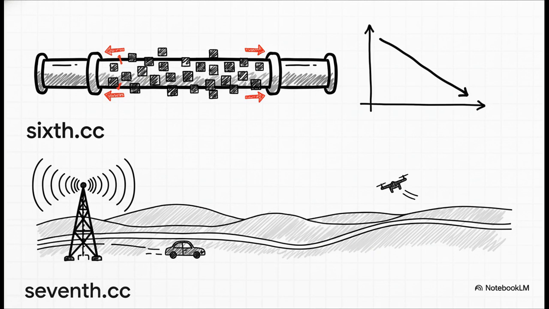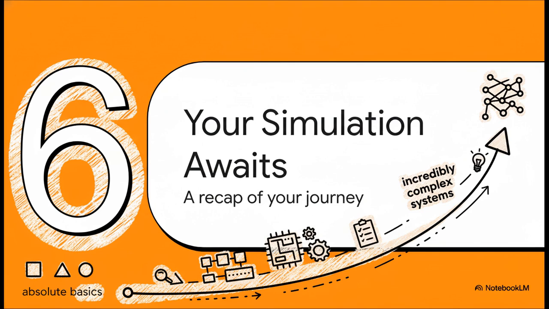This is vital for testing new congestion control algorithms, the very rules that stop the internet from grinding to a halt and could one day make your connection way faster. Then, seventh.cc levels up big time to advanced cellular networks, setting up complex LTE scenarios that get you ready for true research-grade simulations.